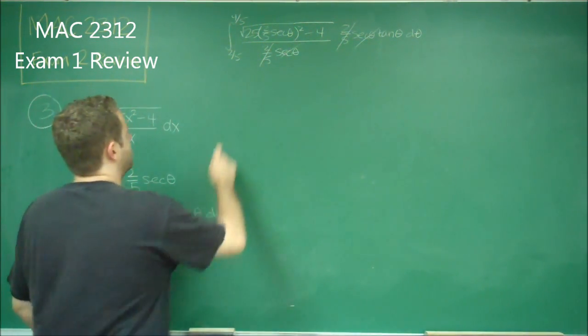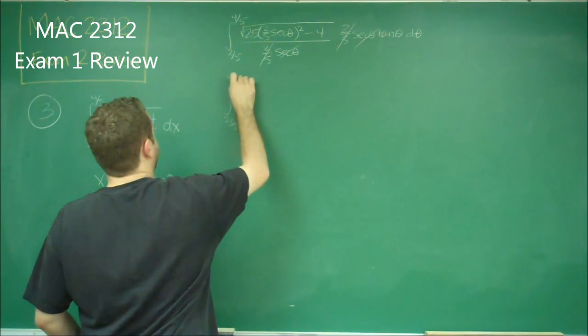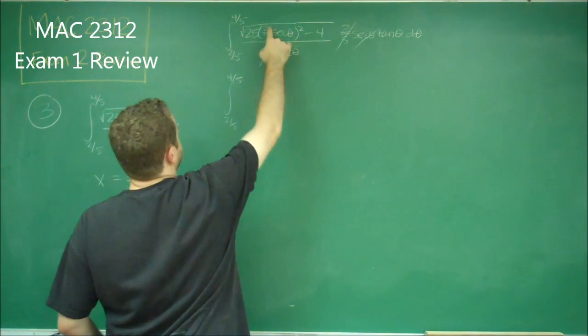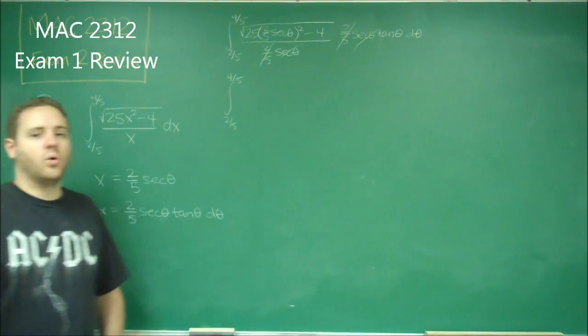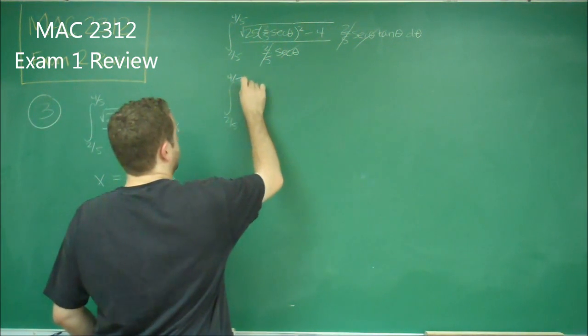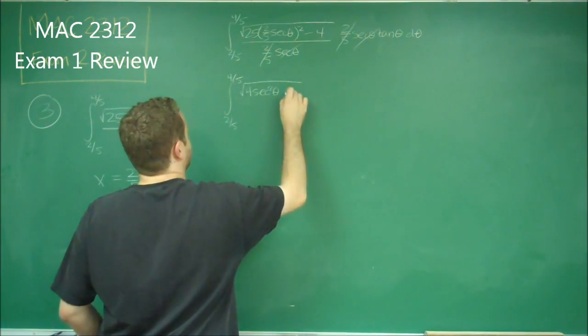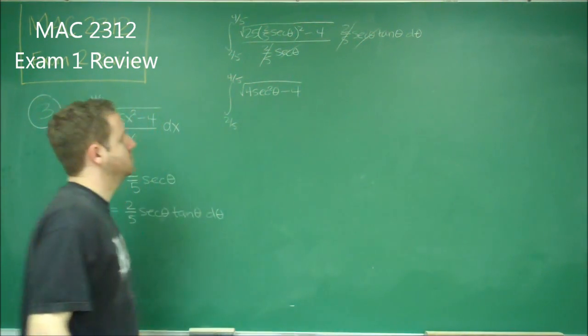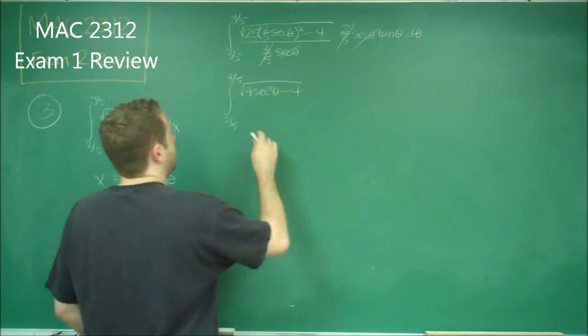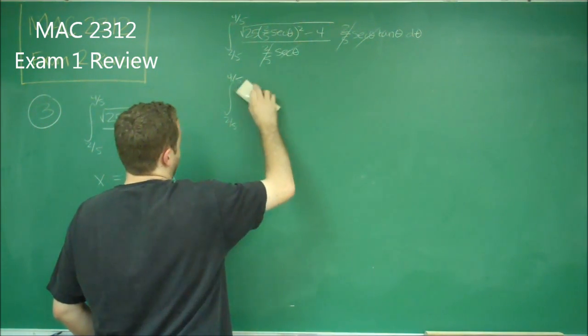So let's deal with what's under the root now. When we do 2/5 squared, we're going to get 4 over 25, and the 25s are going to cancel. So we're going to get 4 secant squared theta minus 4. And actually, I don't need to write it as a fraction anymore, because we canceled out everything on the bottom.